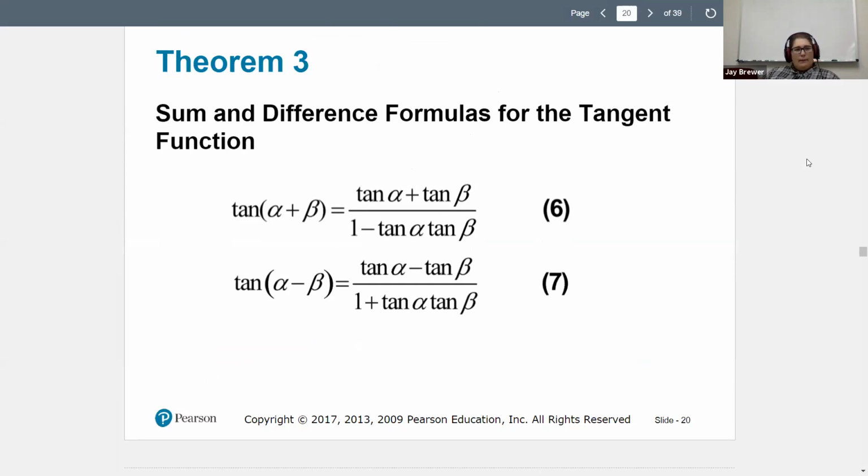Anybody see what? When you're in the denominator, the signs are opposite of each other. Exactly. Okay. So if you're going to make a mistake on tangent, that's probably where you'll make your mistake. So honestly, just double check everything before you go ahead and do it.